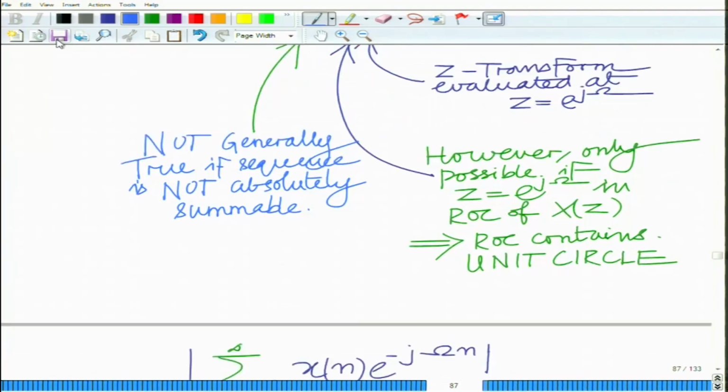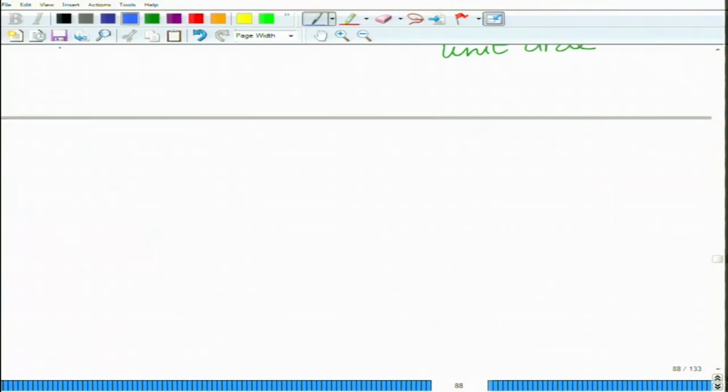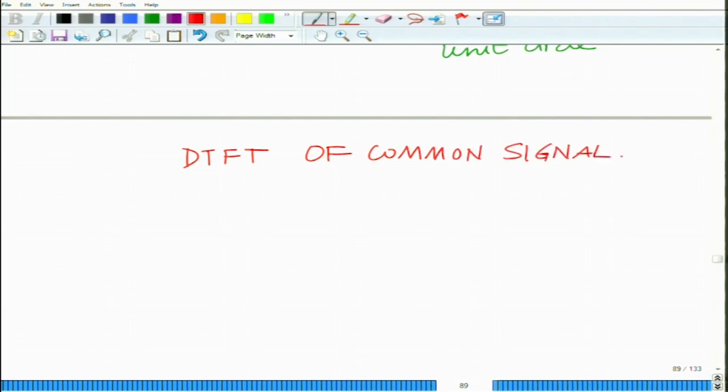Now let us look at the DTFT of some common signals. First we start with the discrete time impulse.